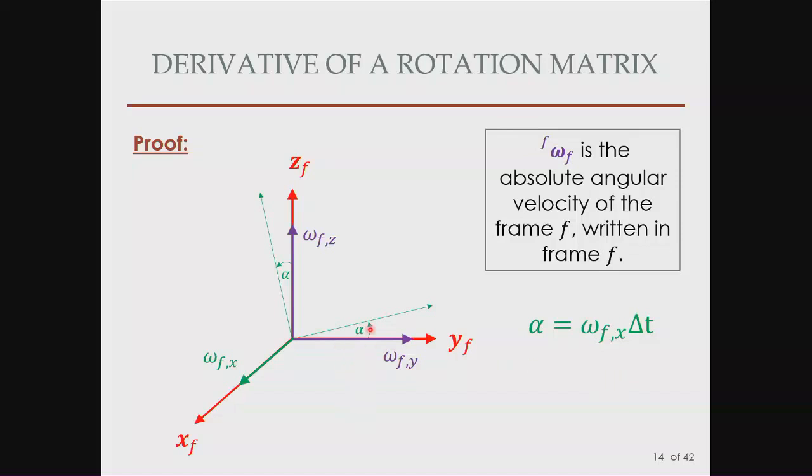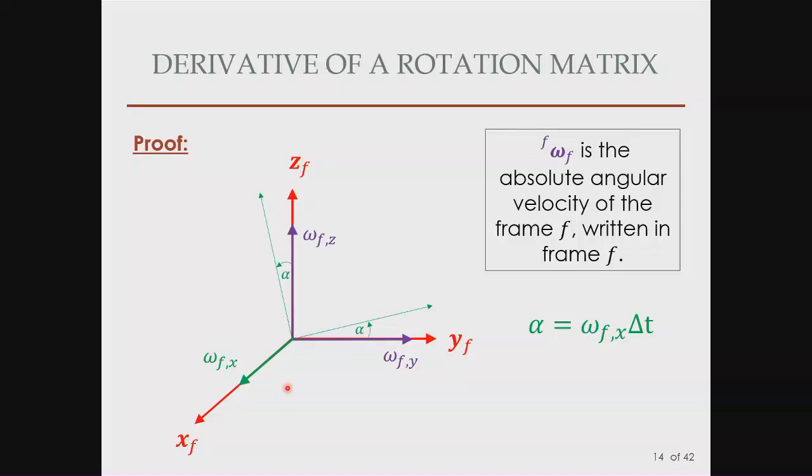This is the angle here. This is how much axes yF and zF would sweep as a result of the rotation from this component. So I'm doing here some superposition of the different components. All right, so any questions so far? Is it clear?